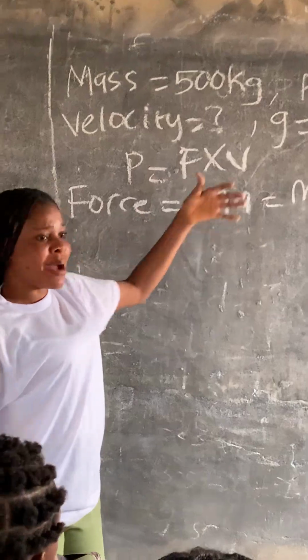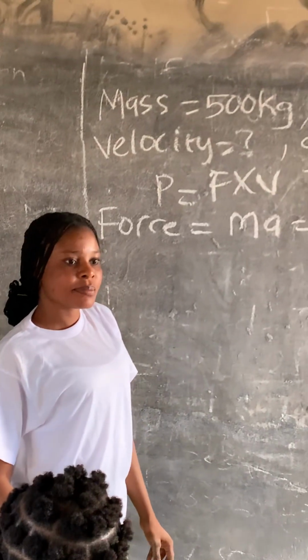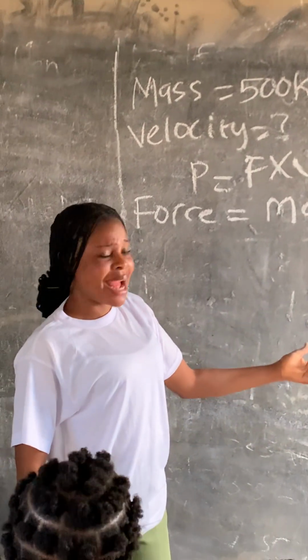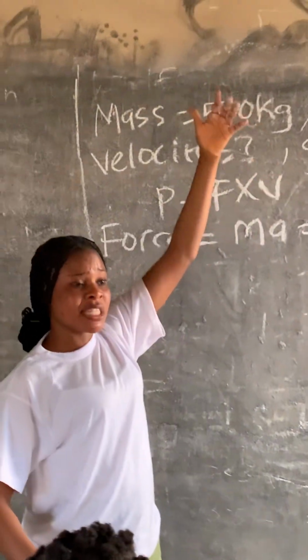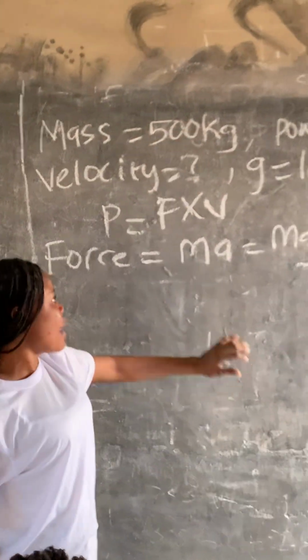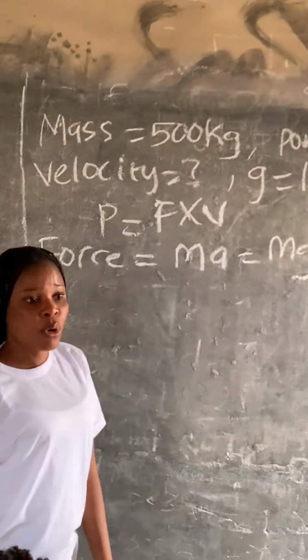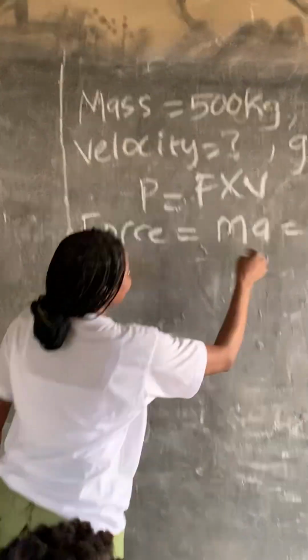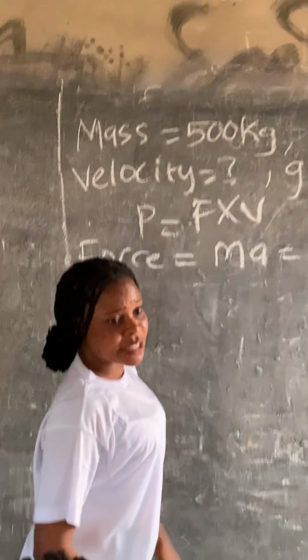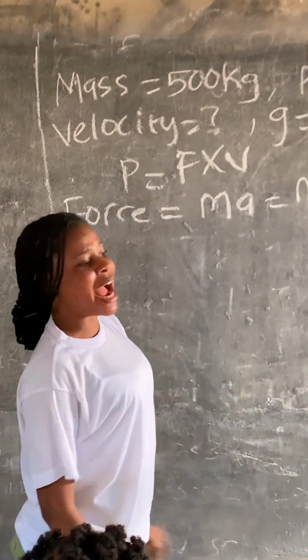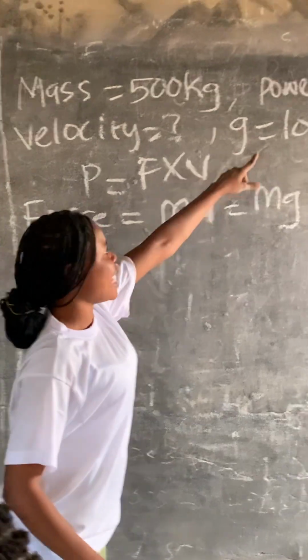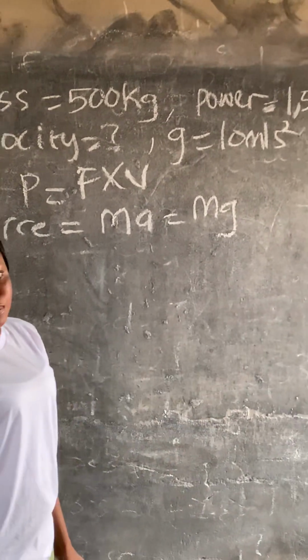I told you the formula for force is what? Mass times acceleration, right? Because it's an elevator, we can use mass times acceleration. Mass is given. Is acceleration given? Acceleration we have is constant. 10 meters per second squared is constant, okay?